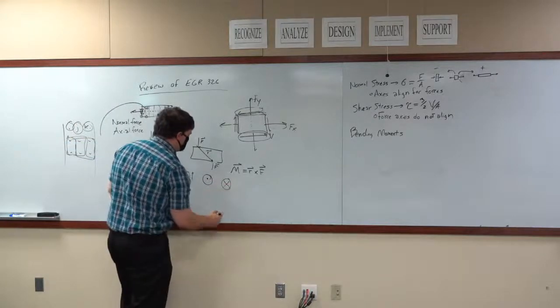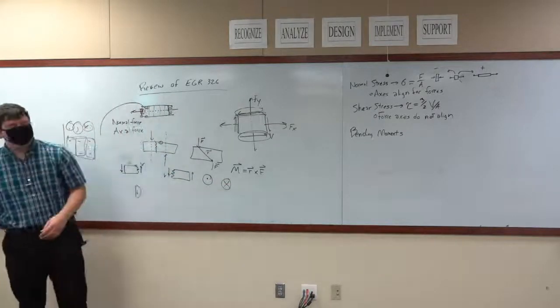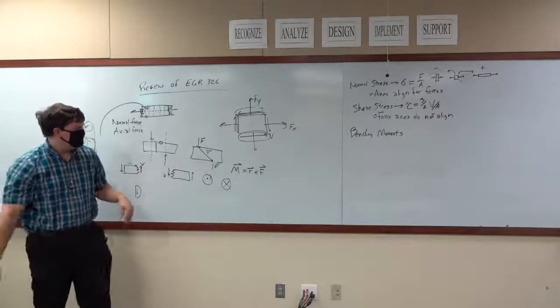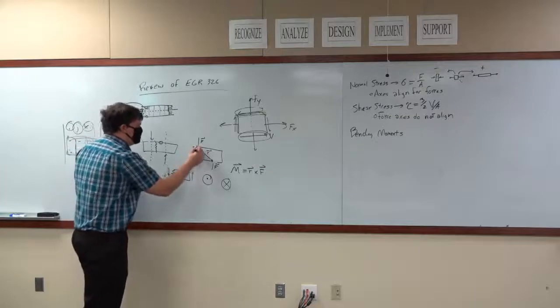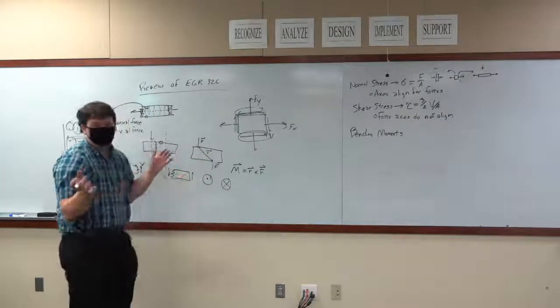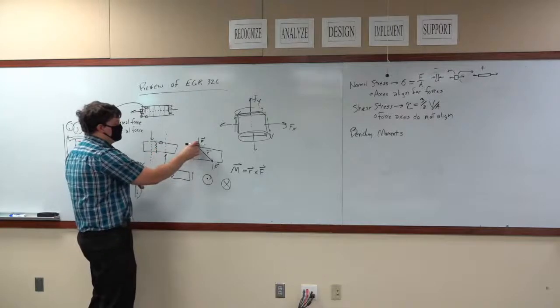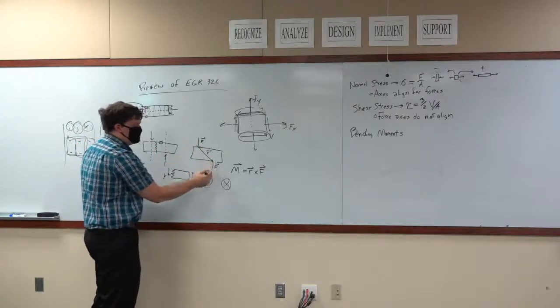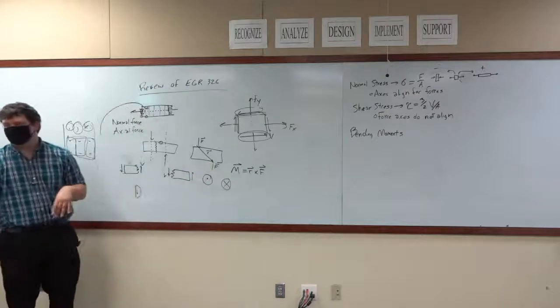This signifies it's going into the board. With the moment coming out like this, the axis of the moment is located, depending on where you're doing your moment analysis from, right there at the force.